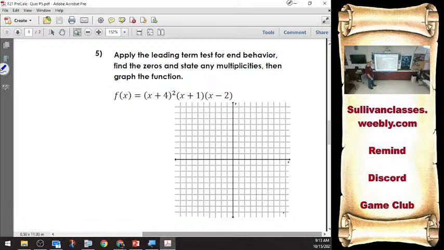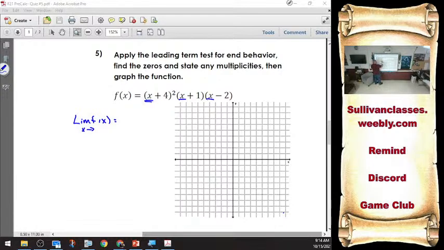Okay, apply the leading term test for end behavior. So we're going to do it again. So the limit of my function as x approaches. How do I know what the leading term is if it's in factored form? I'm going to take an x times an x times an x times an x at the beginning of my problem.